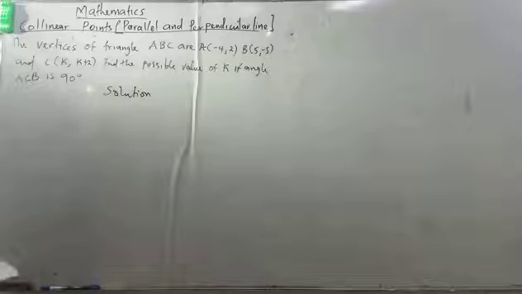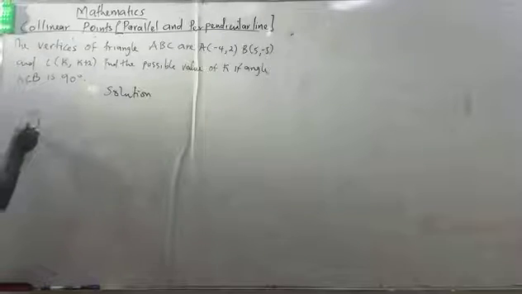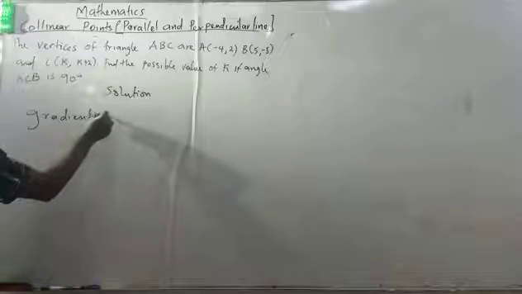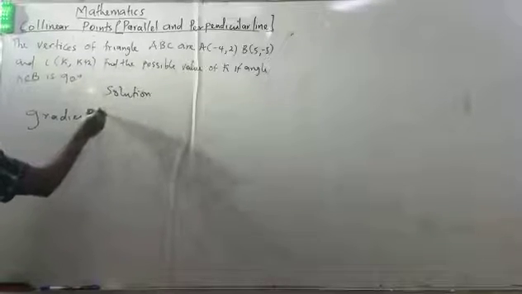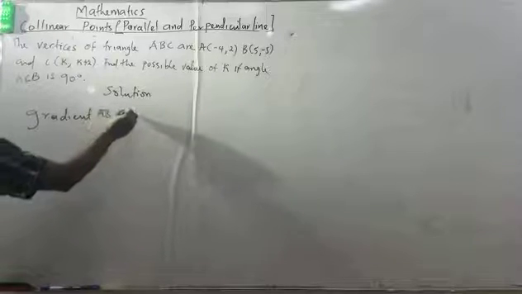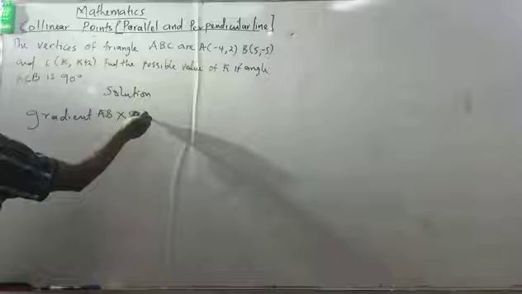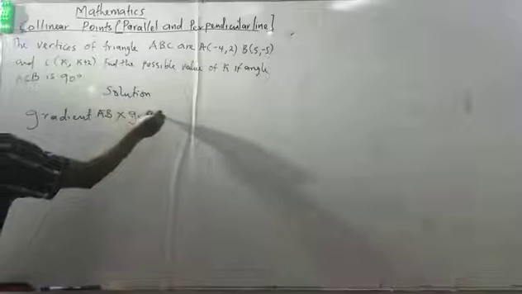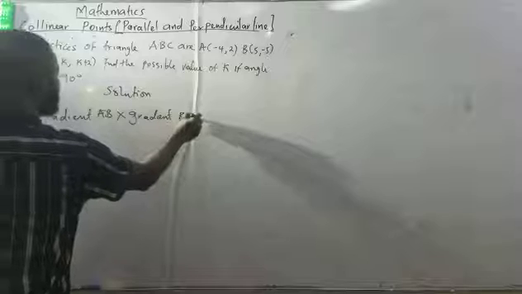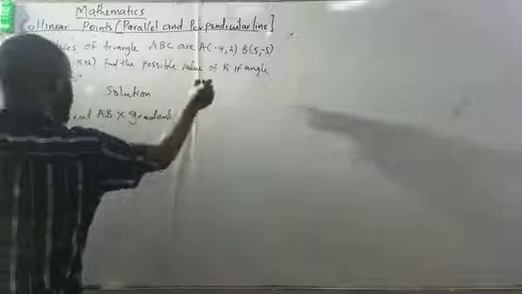Now, the solution to this one is very simple, but it's quite different from the ones we have been doing. The first thing you need to do is that the gradient of AB multiplied by the gradient of BC equals to minus 1.